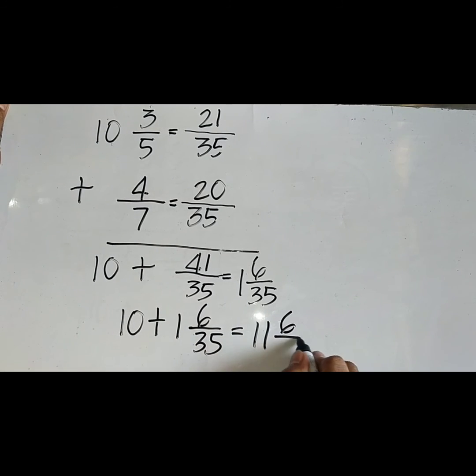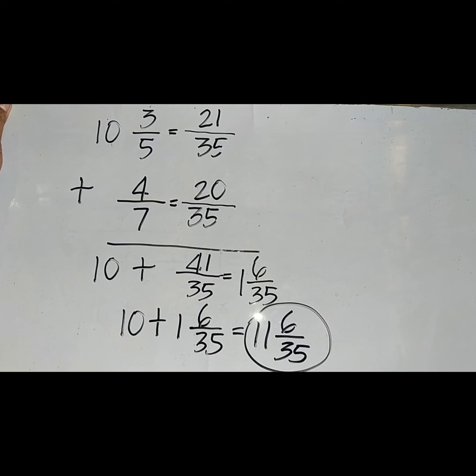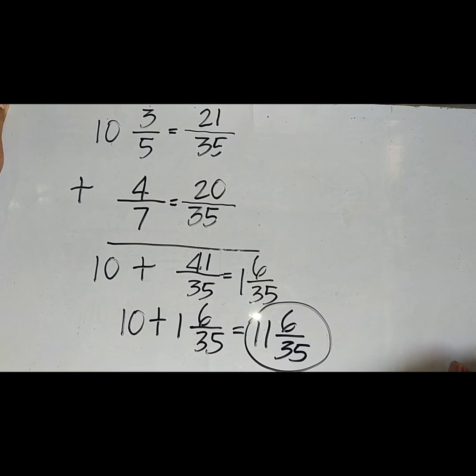The fraction is 6 over 35. So the same result, whether you use the vertical or horizontal method. I just show to you the second method so that you will be looking into the steps, and you will be trying which method is easier to perform.